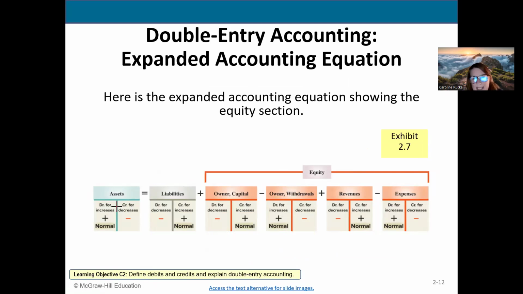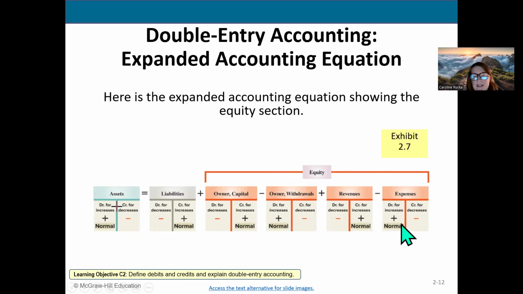Okay, but when we expand that out, we see that owner withdrawals are a contra account, okay? That interacts with the owner's capital. So because this is a negative, a drawing out of the cash that's in the owner's capital, we increase our withdrawals on the left-hand side and decrease it on the right.